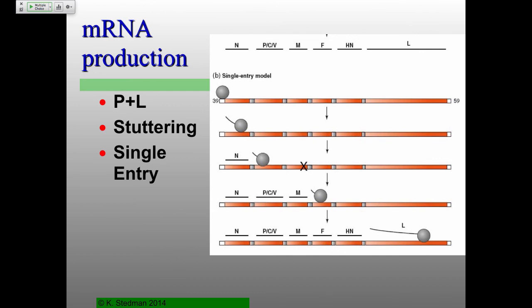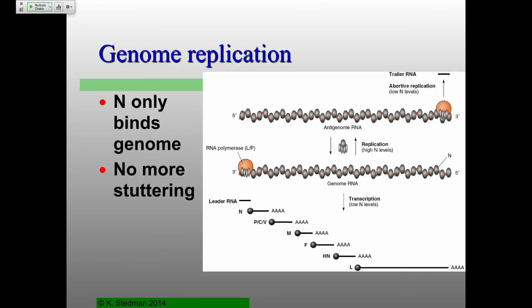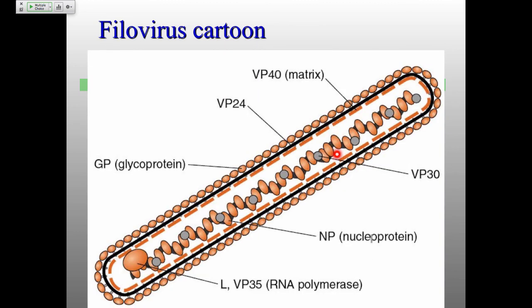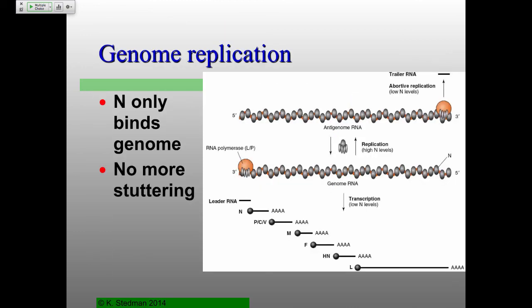If, however, you've got lots of this protein encoded by this N gene around, or NP in the case of the filoviruses, that will bind to the genome, and when it's completely bound to your new genome sequence, what happens is you start replicating antigenome, which will then lead to genome sequence.